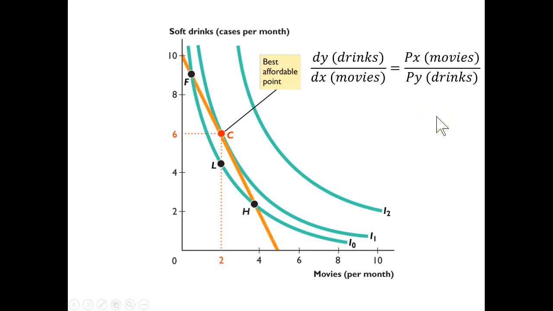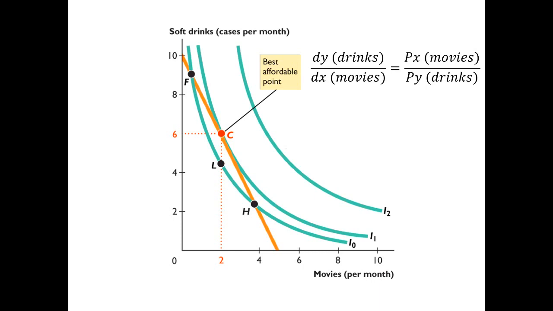This is a condition for when we have two imperfectly substitutable products, such as soft drinks and movies. And so we've got budget lines that are straight and downward sloping, and we've got indifference curves which are convex to the origin.